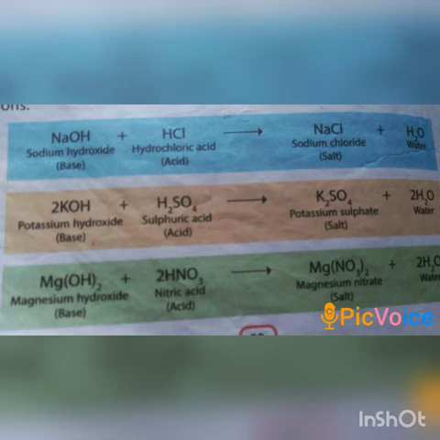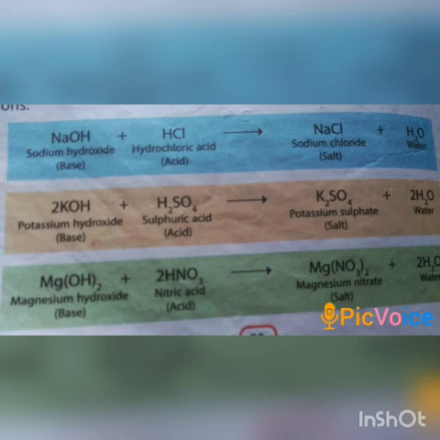There are some examples given. Sodium hydroxide reacts with hydrochloric acid to give sodium chloride, which is a salt, and water. In the second example, potassium hydroxide reacts with sulfuric acid and the products are potassium sulfate and water.